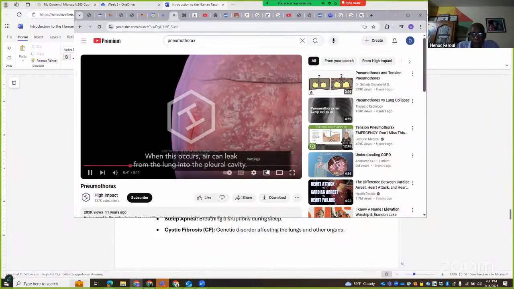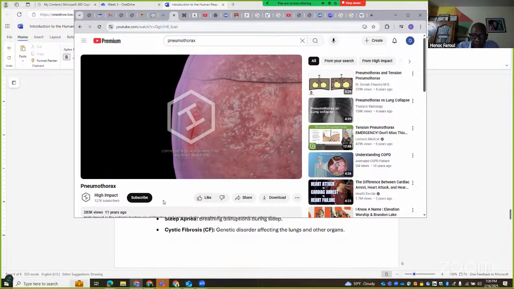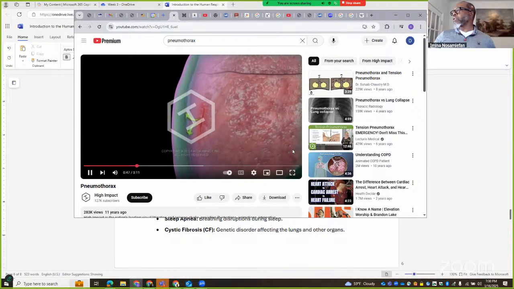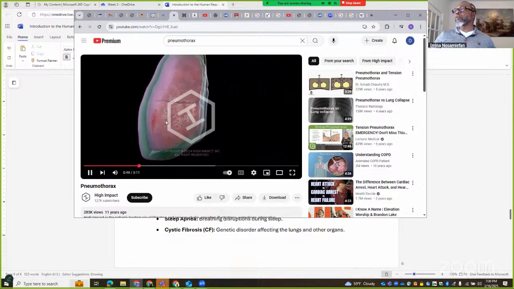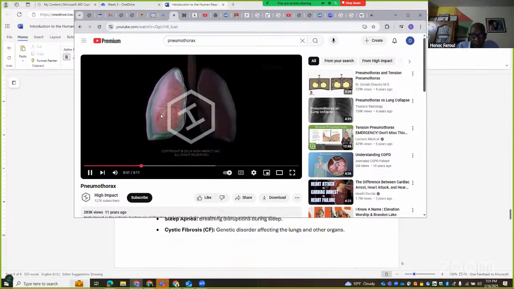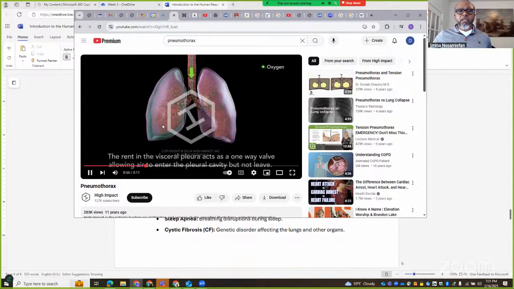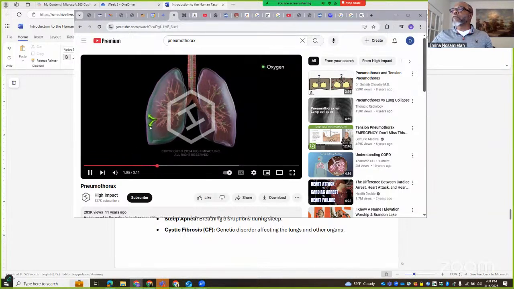Yeah, well. The lung has a perforation. Like if you have a hole, then the air comes out and it collapses. If you seal it off, if you block it off.